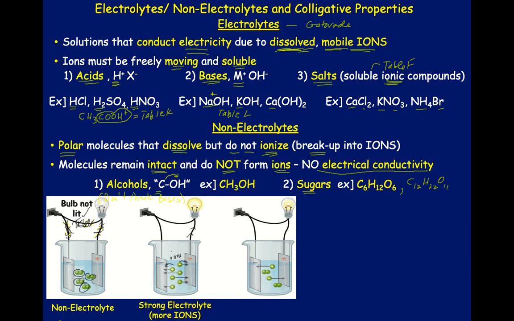So electrons are forced back this way and picked up going this way. Now the light bulb will light brightly because electrons flow through the light bulb and back. You're allowing the conductivity of these ions in the solution.